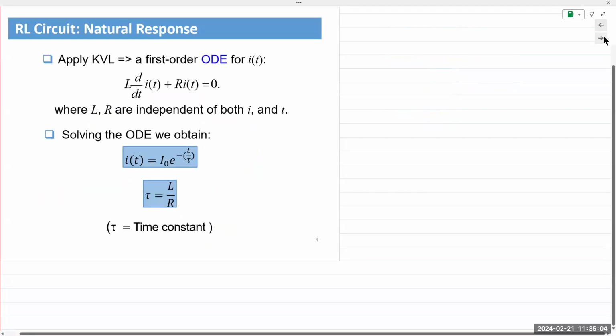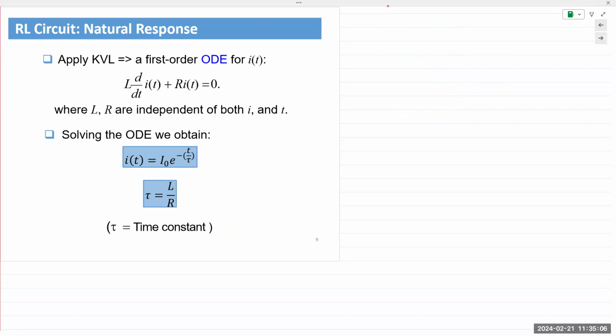To write the equations for the voltage and current, we apply KVL at the top. We have VL plus VR equals 0. VL, the inductor voltage, is L di over dt. Resistor voltage is simply I times R, V equals IR. And we have a first order ordinary differential equation.